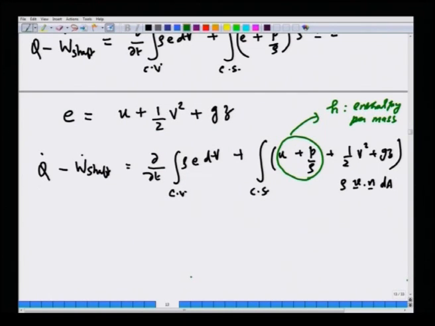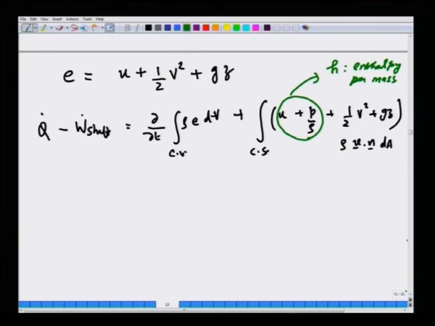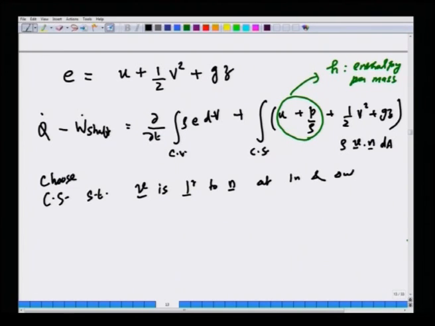So, remember that we are choosing the control surface such that V is perpendicular to n at inflow and outflow, such that W dot shear is identically 0.